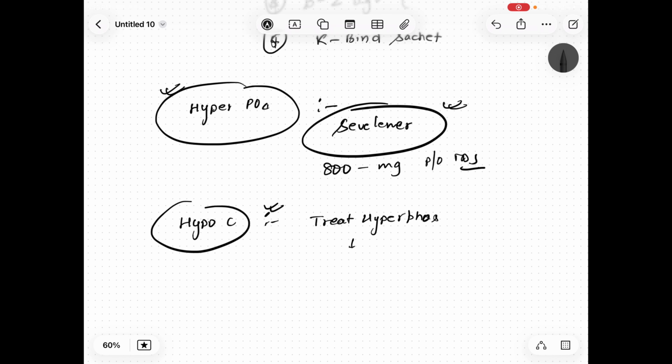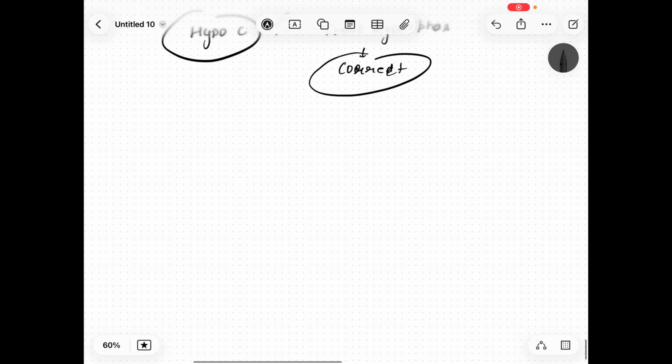Then we correct calcium, because if we give calcium without correcting hyperphosphatemia, it will bind with phosphate to form calcium phosphate and get deposited in different tissues.